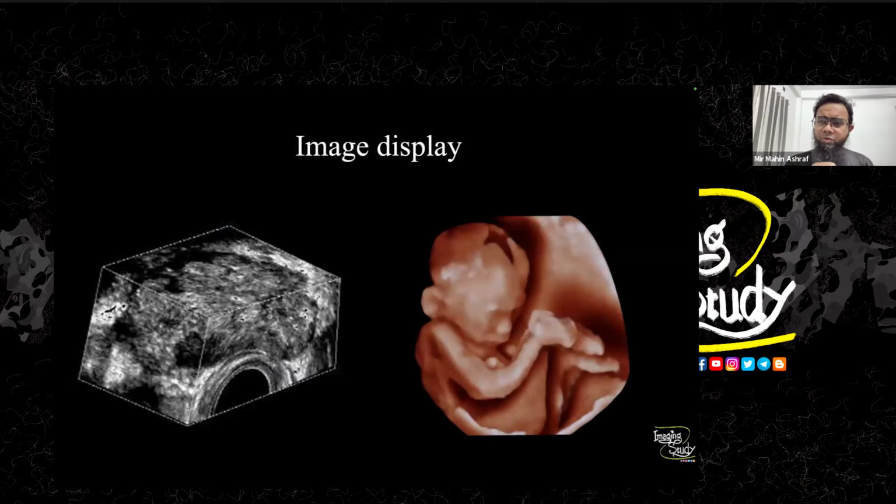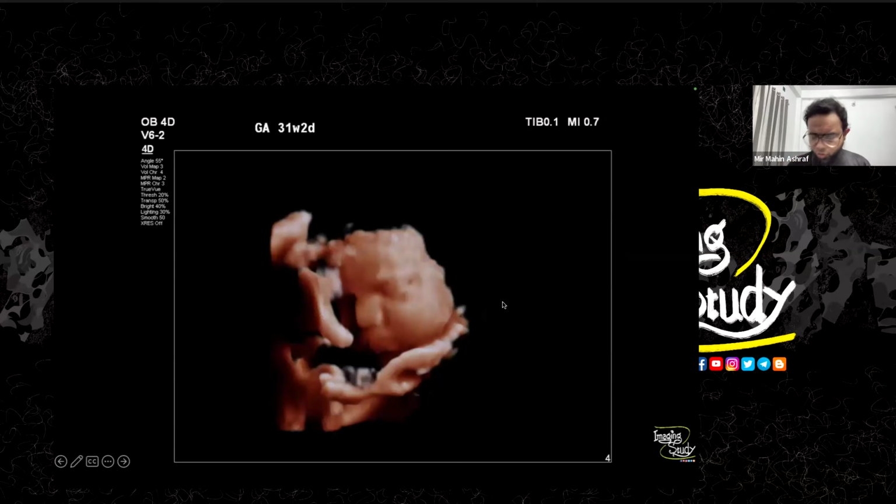But before that, we want to go for the image display. We usually try to display the image in multiplanar reformatting or volume render technique. Actually, the picture looks like this, with a boxy appearance, but we remove the margins and the picture looks more realistic. Let me show you the raw data.